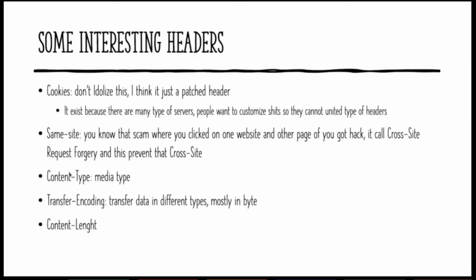We have content type, which just shows the media type of the information we want to transfer. We have two important things that we will be talking about tonight: transfer encoding and content length.